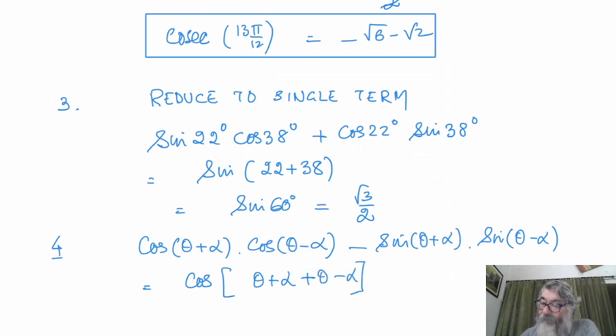In cos A plus B or cos A minus B, the terms are cos cos sin sin. In sin A plus B or sin A minus B, the terms are sin cos cos sin, and the sign remains the same. But in cos, the sign changes. So minus alpha plus alpha cancel and you get cos 2 theta, because he wanted to reduce it to a single term.